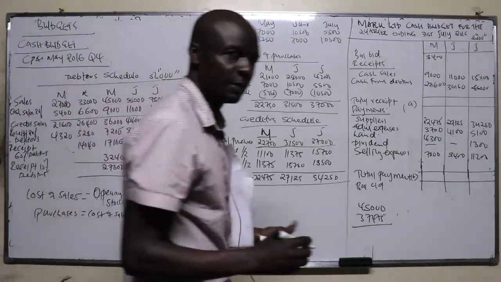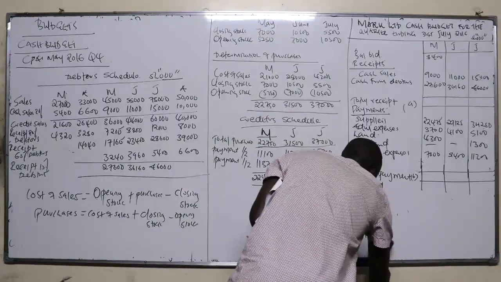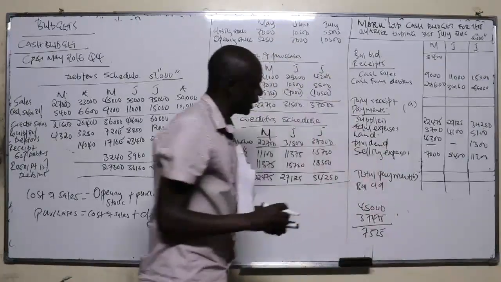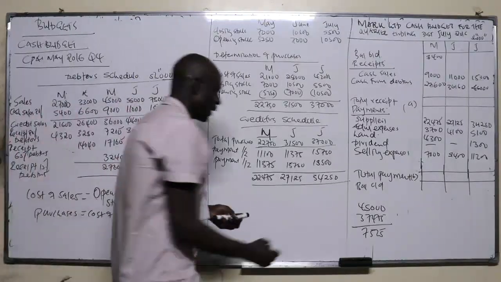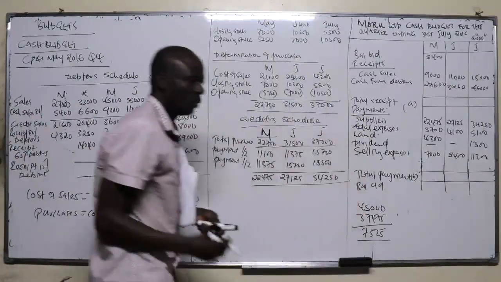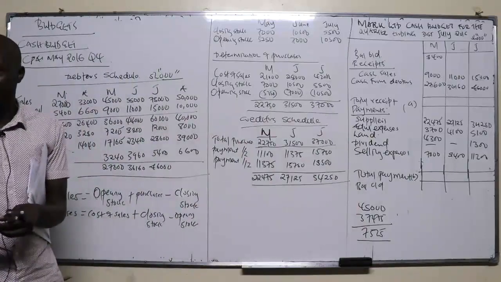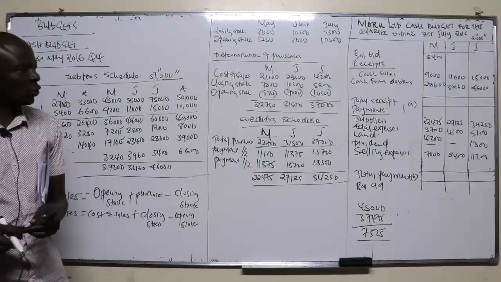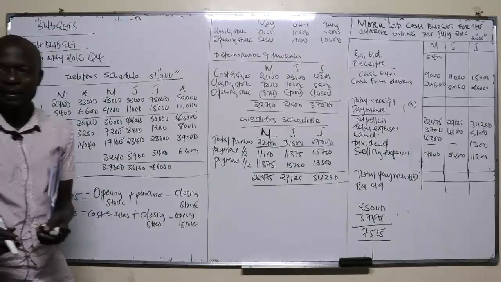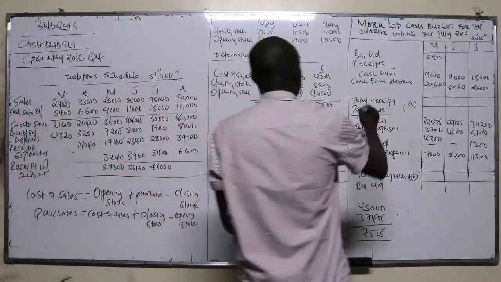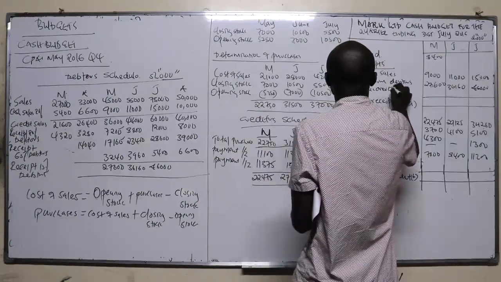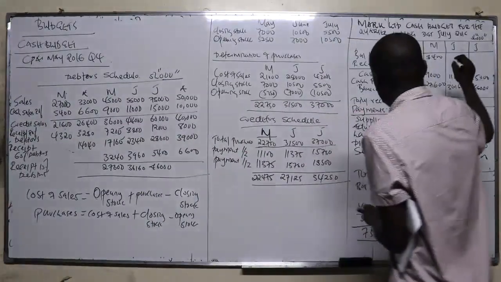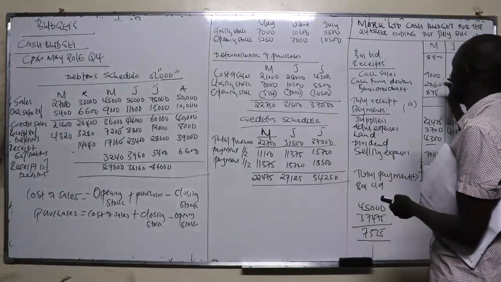So when we check all the receipts and payments in the month of May, they give us a balance of 7,525, which is below the minimum. So what is the difference to make the minimum? 875. So here they will take a bank overdraft of 875.